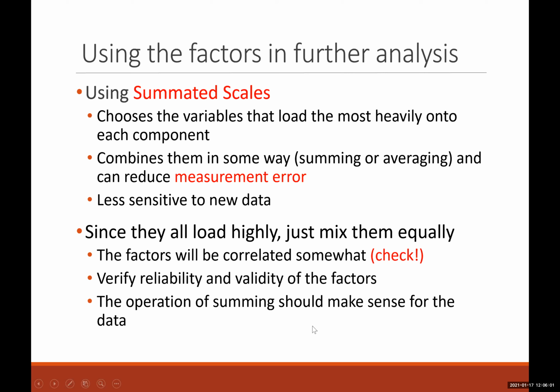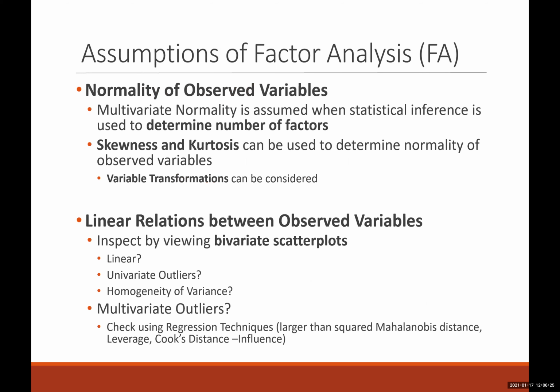And then the operation of summing should make sense here as well. There might be a lot of different ways that you can create these different summated scales, and does yours make sense in terms of how you did it, the data set that you're using, and the field in which you're creating this scale? Because you might need to take into account domain issues as well as mathematical and statistical issues.